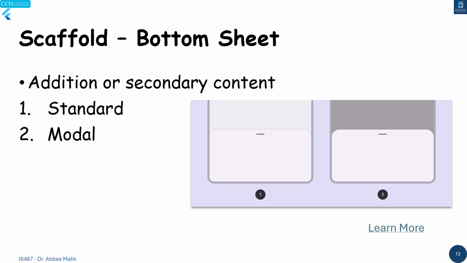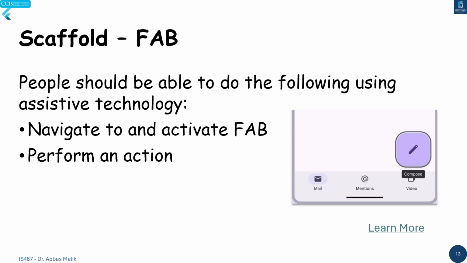Then we have a bottom sheet, as I told you, that shows some additional or secondary content. Again, we have two types of bottom sheet. One is standard, where the background page is also properly visible, but in the modal, it has been obscured from the user. Then, of course, we have the FAB, which is a floating action button.